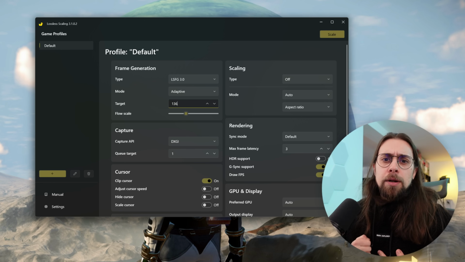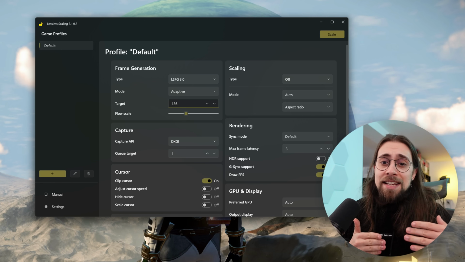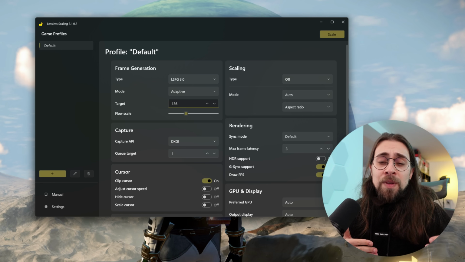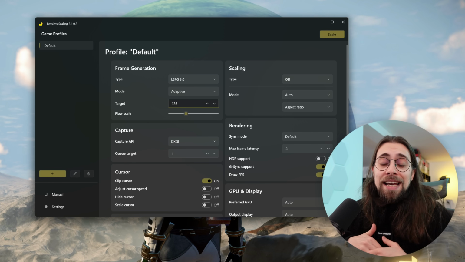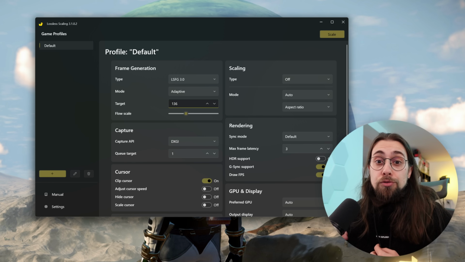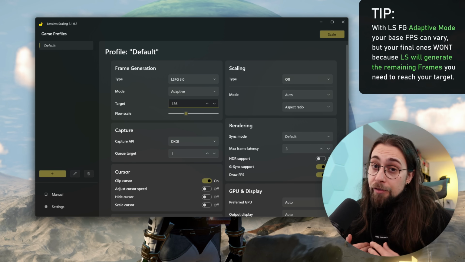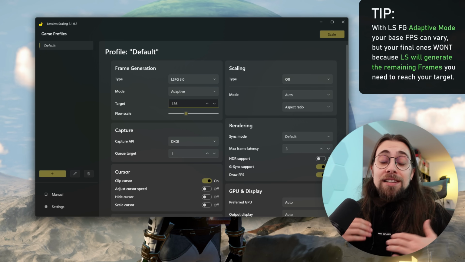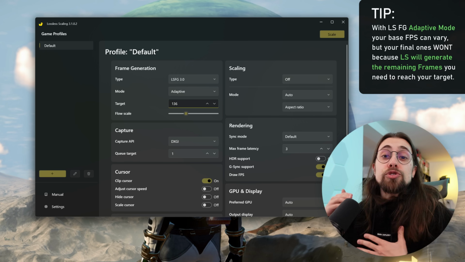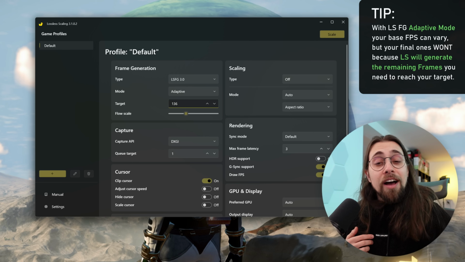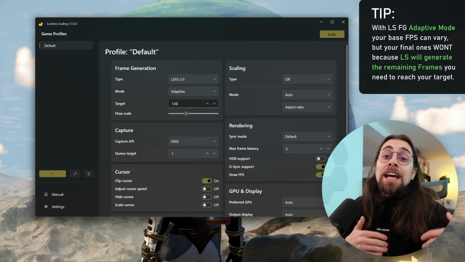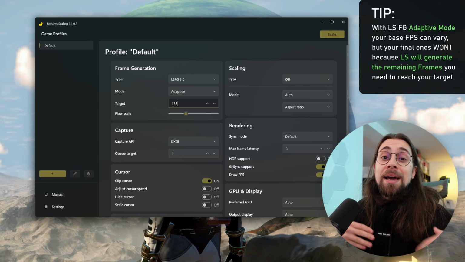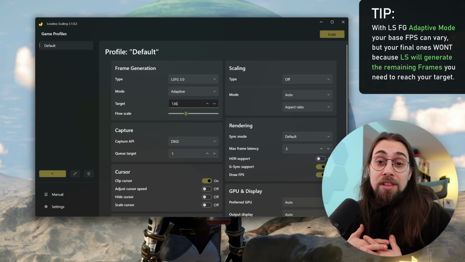And this is very important because if I have, let's say, 60 base FPS, Lossless Scaling will generate enough frames to get up to 136 FPS. If I have 80 FPS, it will still generate the remaining frames up to 136, and if I have 100 base FPS, it will also generate the remaining frames up to 136.